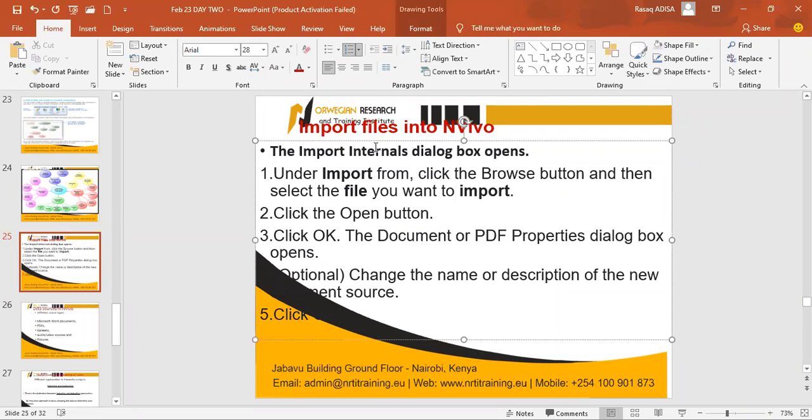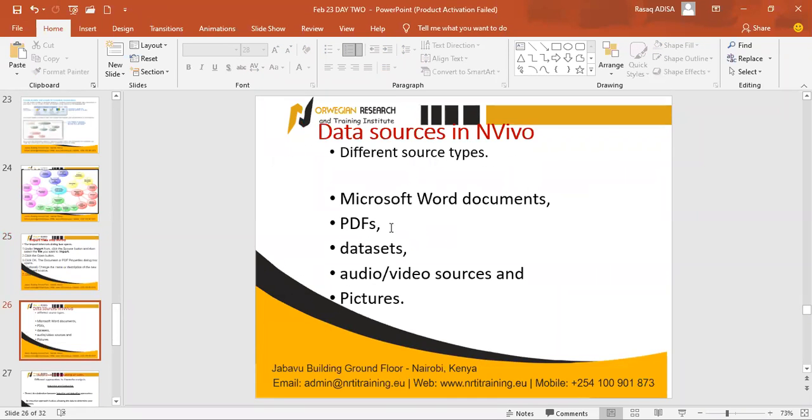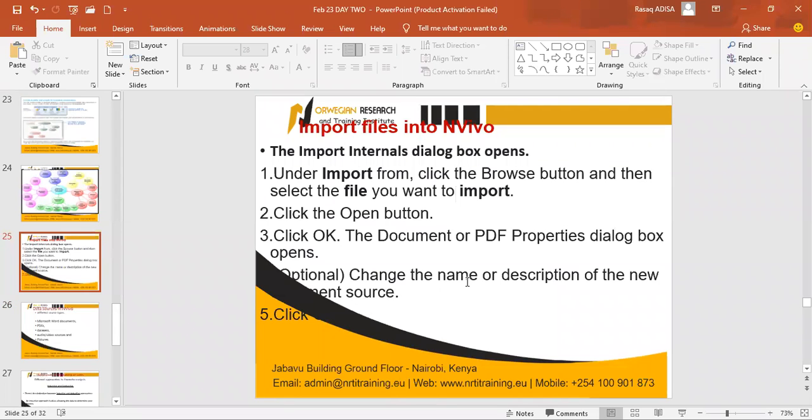By tomorrow, we are going to import files into Nvivo. Practically, we're going to import them, and how we do the importing. The sources we can import into Nvivo, as I've said, include Microsoft Word documents, PDF, data sets, audio and video sources, pictures. All these can be imported into Nvivo for our analysis.